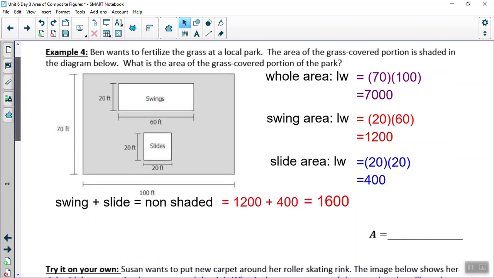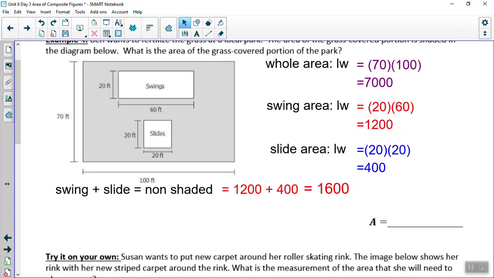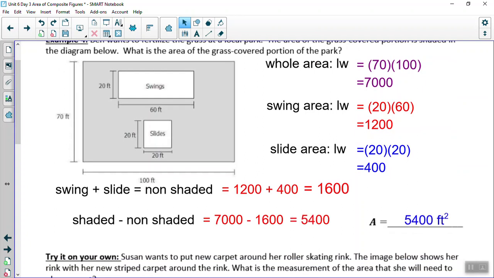So since I do not want to fertilize that, I can take my original area, subtract out the non-shaded area. Okay, 7,000 minus 1,600 will give me 5,400. So the area of just the shaded area is 5,400 square feet.